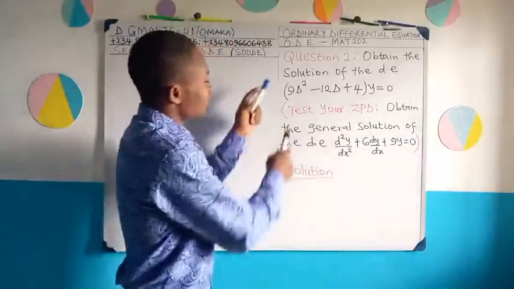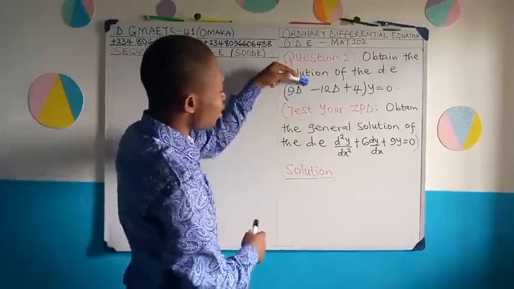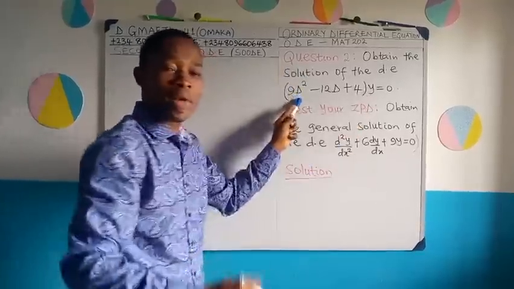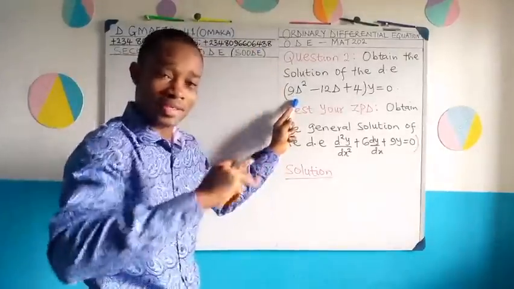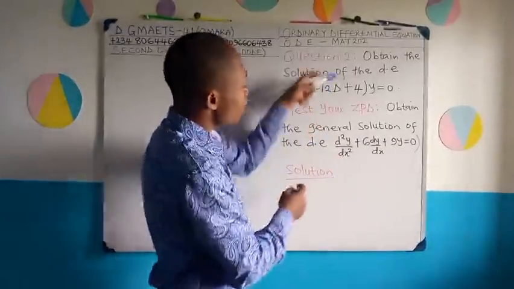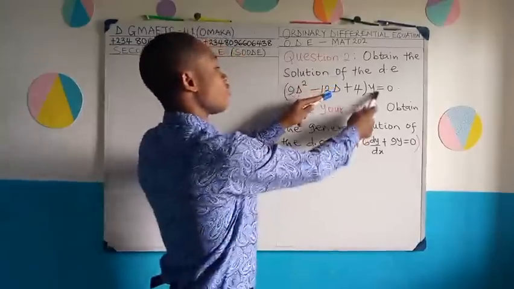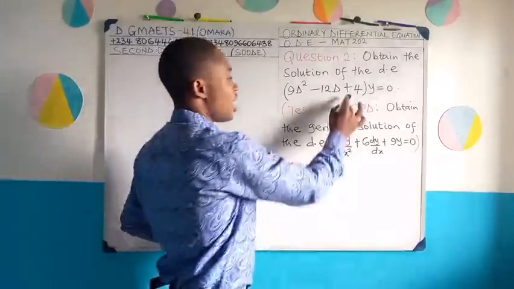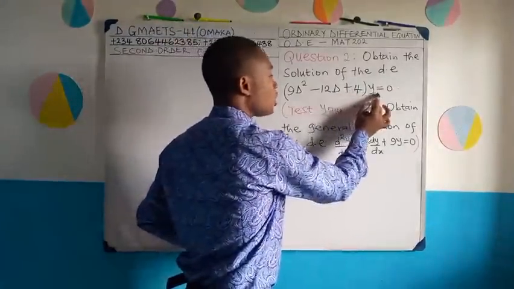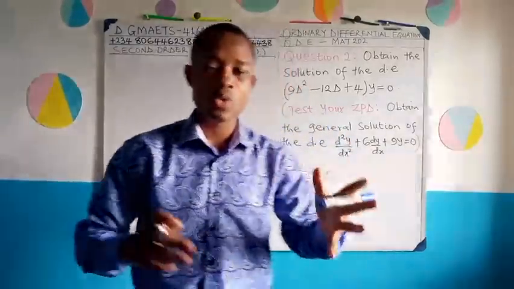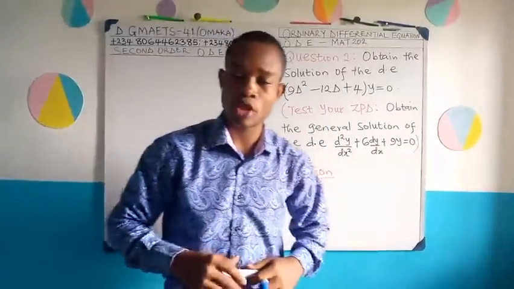It means 9 times the second derivative of y, which is 9 d2y/dx squared, then minus 12 times the first derivative of y. You know this D is raised to 1, so it is the first derivative. And then plus 4y equals 0. I hope you get that. So that's another form in which you can present your derivative terms.